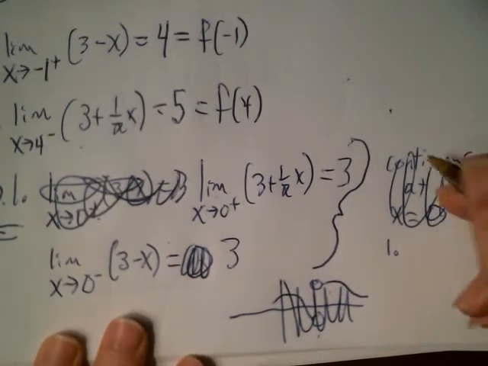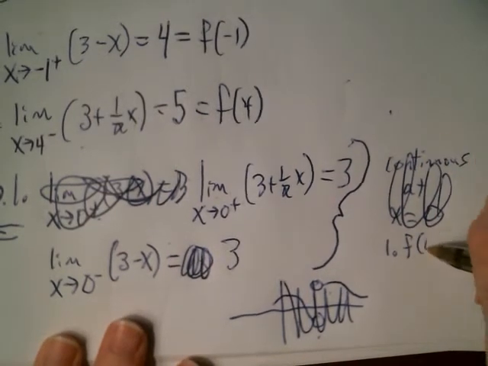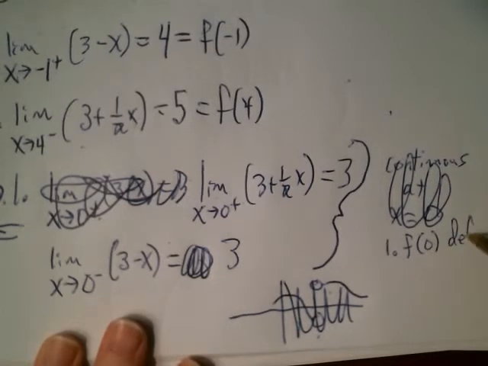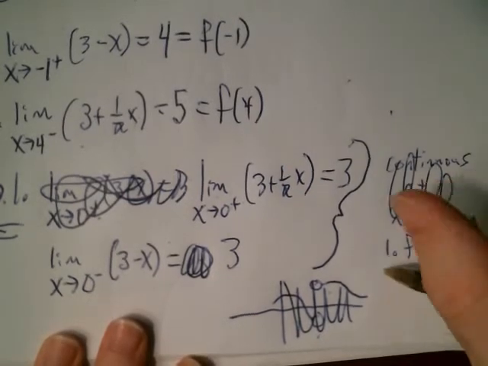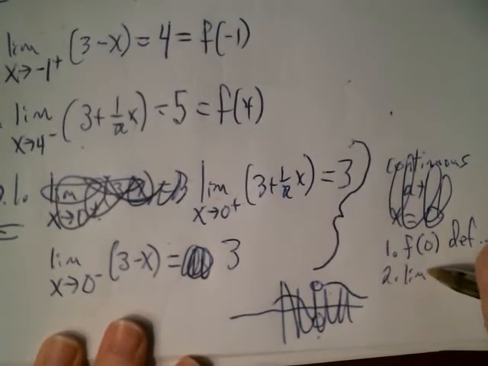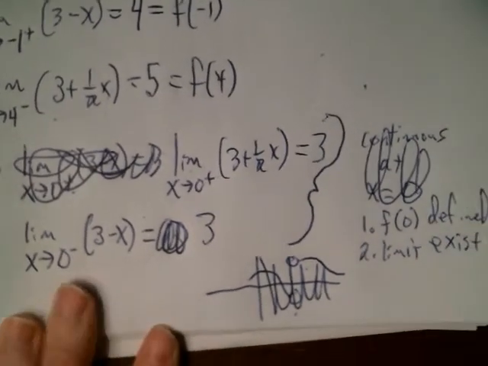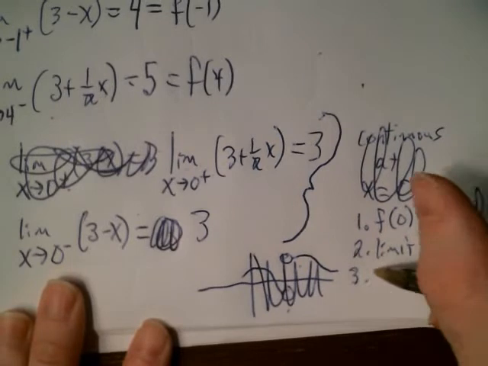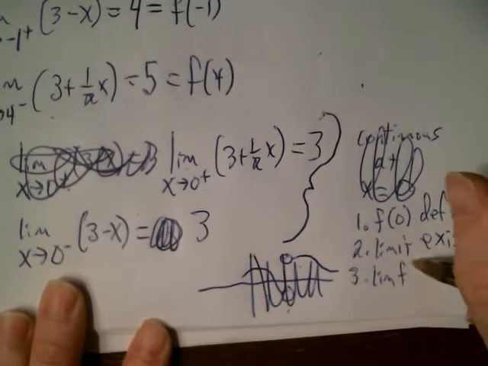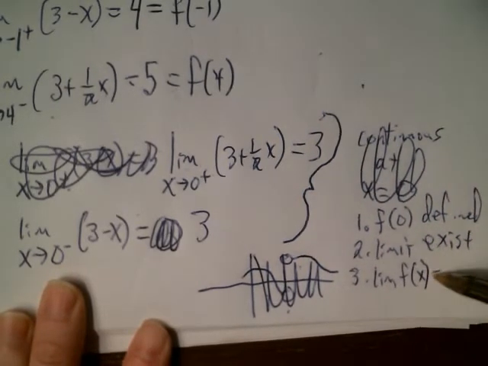This says, well, f of 0 is definitely defined. Secondly, the limit exists. It's 3. And then thirdly, does the limit of f of x equal f of 0?